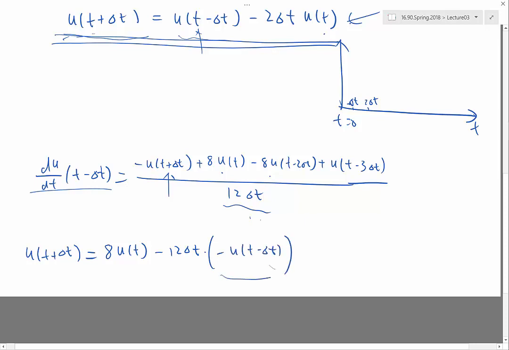This is when I'm using the differential equation. Whenever I see a derivative term, I use the differential equation to get rid of it. All right, and the next term is this. So I have minus 8 times u of t minus 2 delta t and plus 1 of u at t minus 3 delta t.